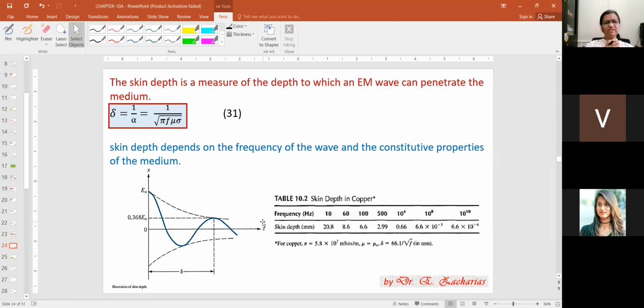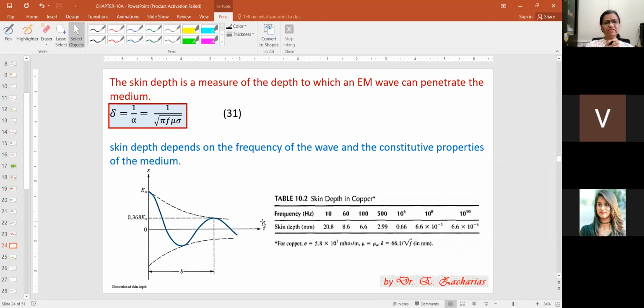This expression I'll try to first explain. I have a conductor of cross section S, and let the length be L and let sigma be there. Now because it is an AC signal, the current is not there for the entire cross-sectional area. Current is only going to be confined to this depth delta.